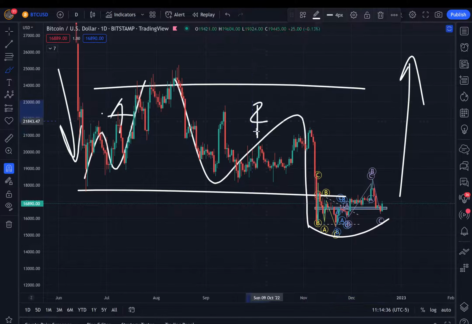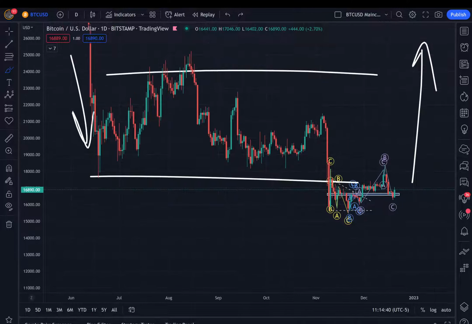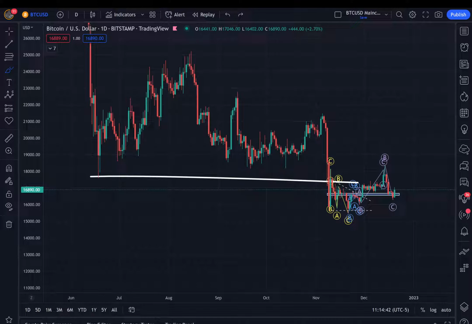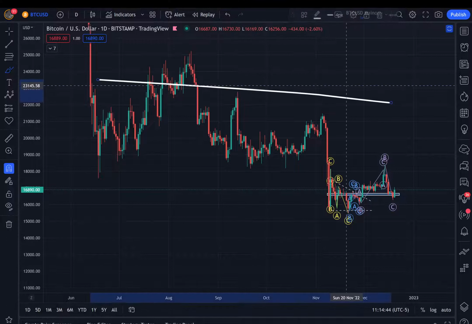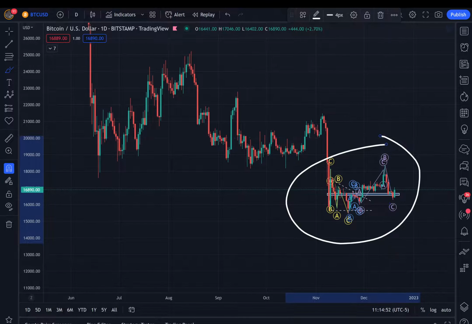But yeah, this is the idea, okay? Large time frame, high time frame, it's possible. Just, you know, whatever your AB base count, that we've been in that range for so long, and we can then break up. Now, let's look at this region. This is a very important region.